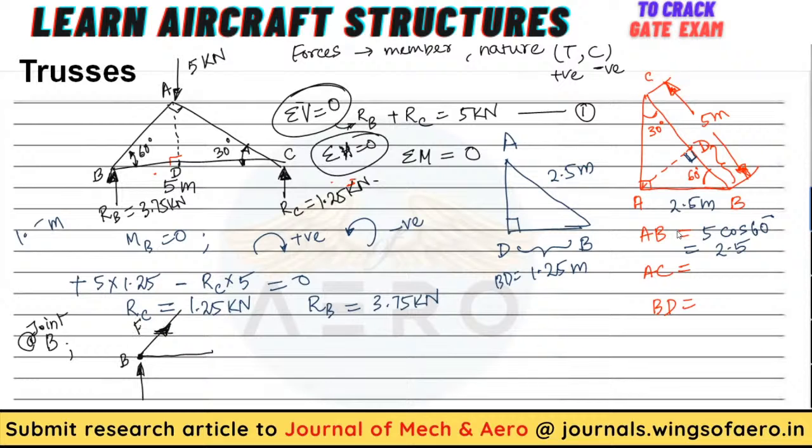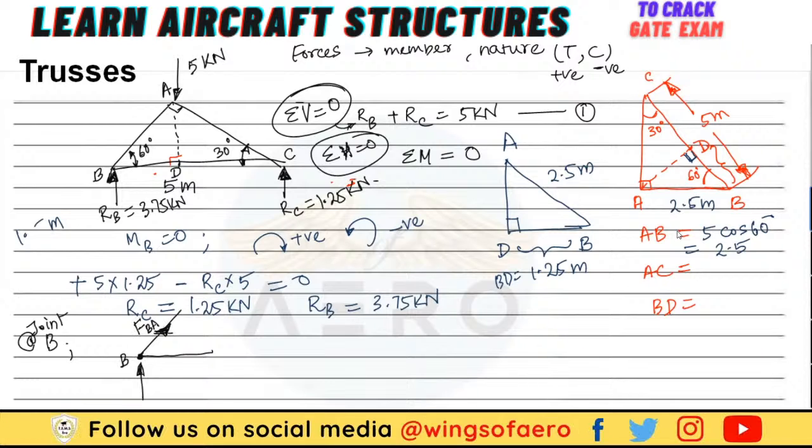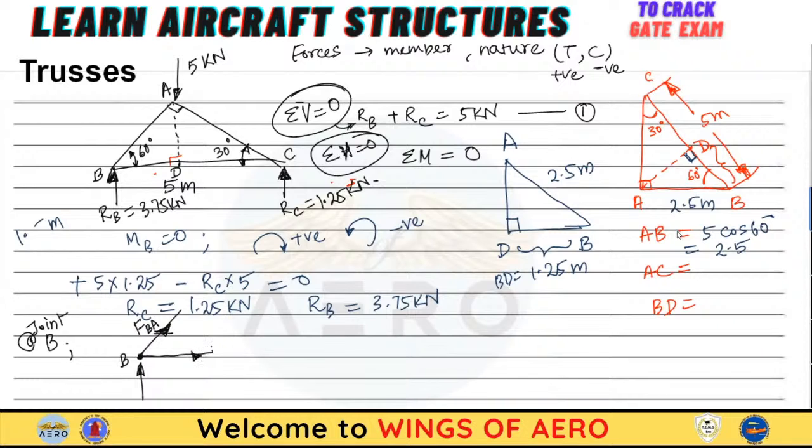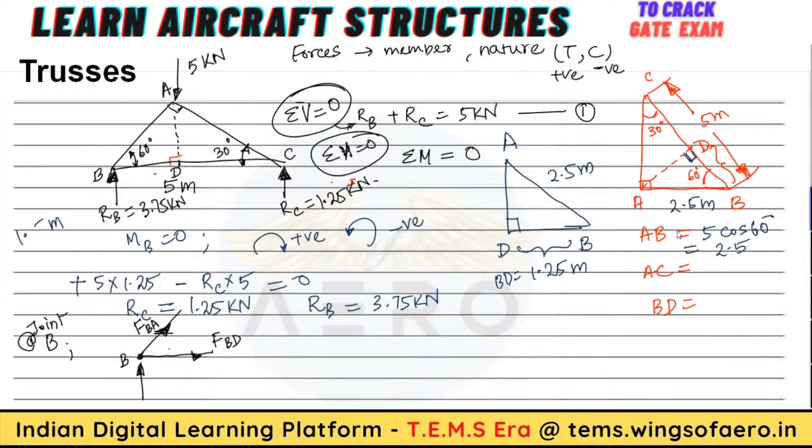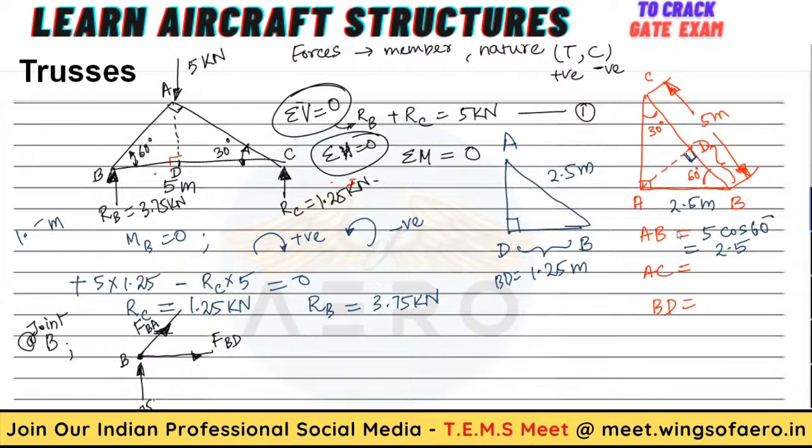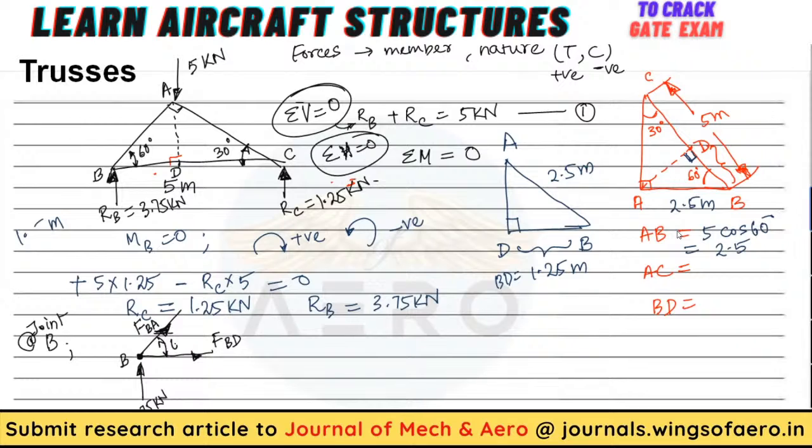So let me consider F of BA, which is positive. This side also I'm going to take F of BD, which is positive tensile. This one I know, that is 3.75 kilonewton, right? Now this angle I know is 60 degree.